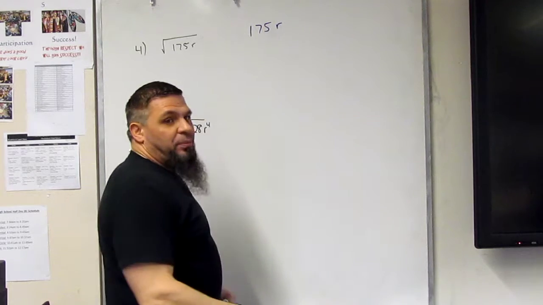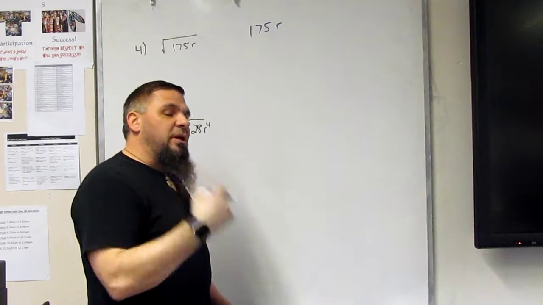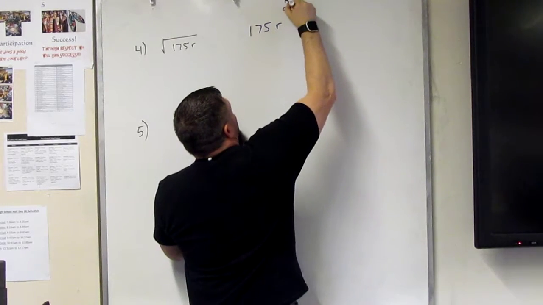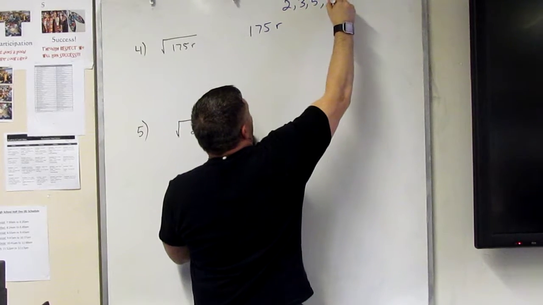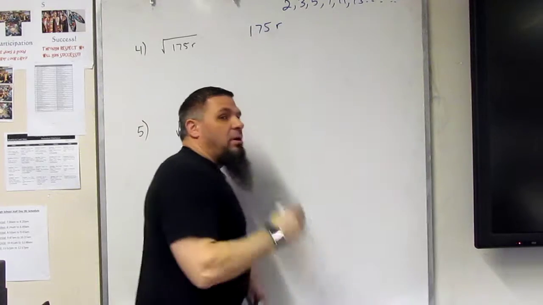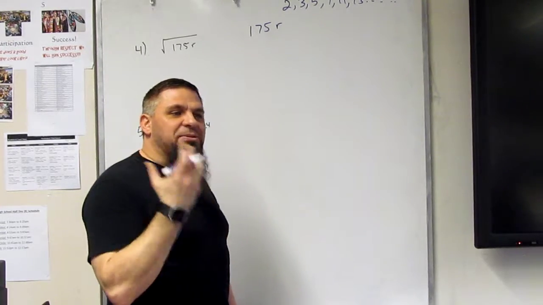175R. That's what I start with. I'm going to use this upside down division, and what it is is prime factorization. I'm going to use my 2s, my 3s, my 5s, my 7s, my 11s, my 13s, and so on. They're all prime numbers, numbers that can't be divided by anything but themselves.